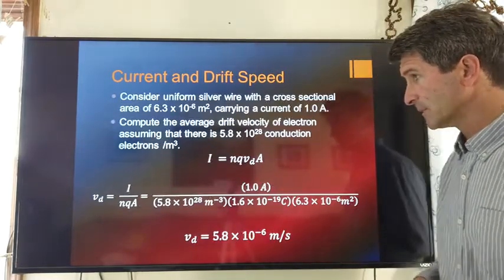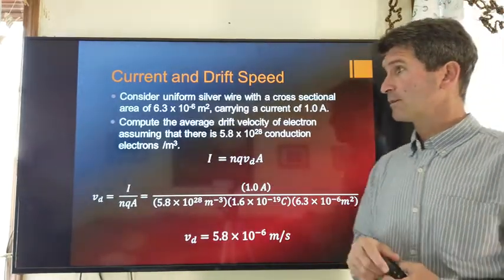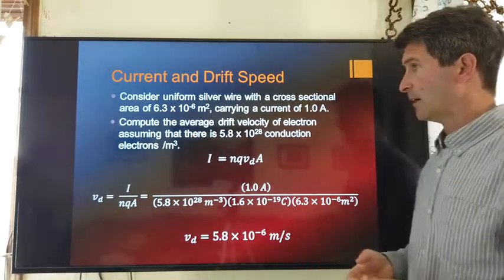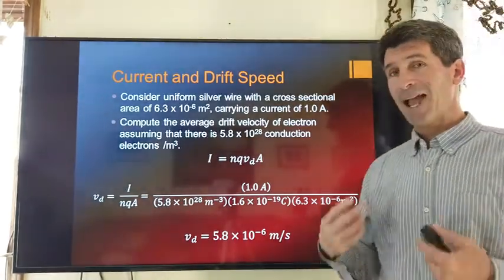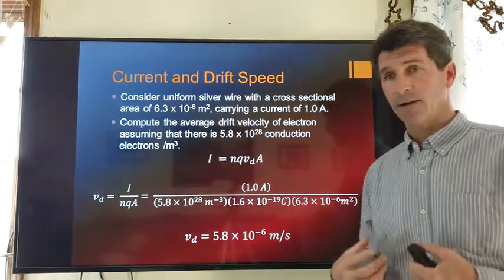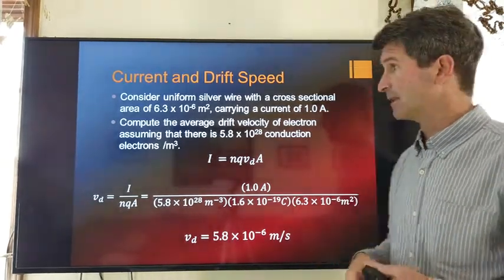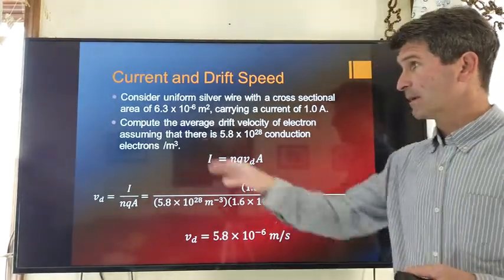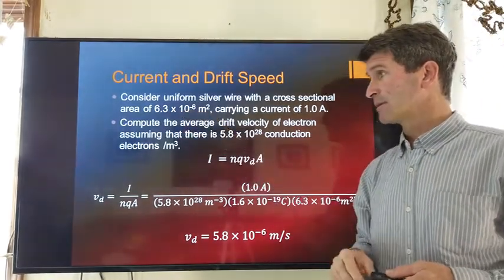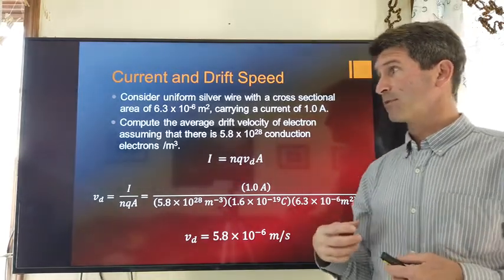Now, if we consider silver, an excellent conductor of electricity, it's an excellent conductor because it has a very high number of carriers, a high carrier density. We look at a wire with a cross-sectional area of 6.3 times 10 to the minus 6 meters squared.